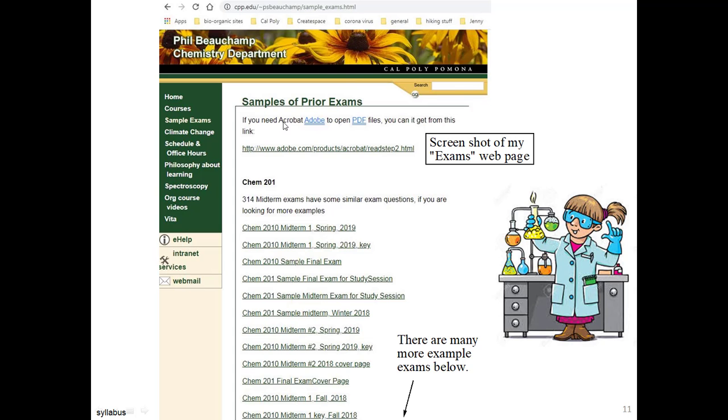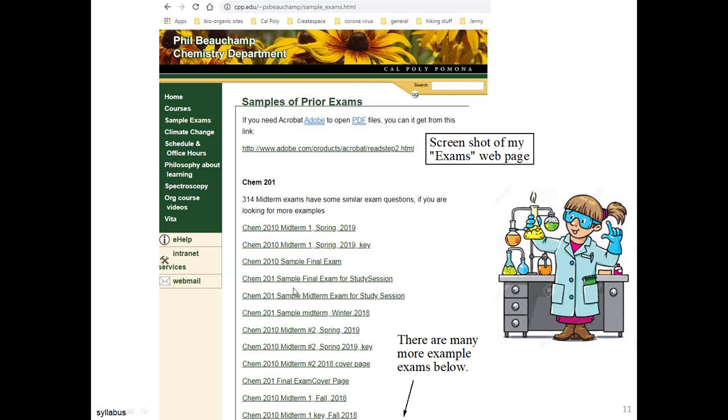This is my exam webpage. Here are the links on my webpage. I have something called courses part, and that's where I put a lot of general information. But this is the sample exams. So if you look down here, you see Chem 2010 midterm 1, spring 2019, and so forth down the line.